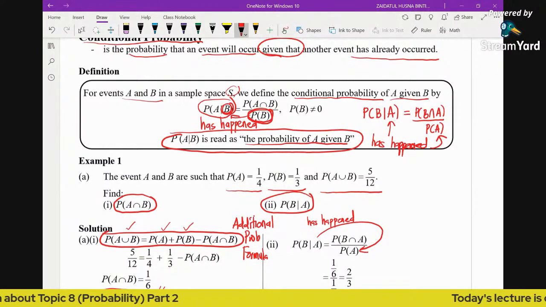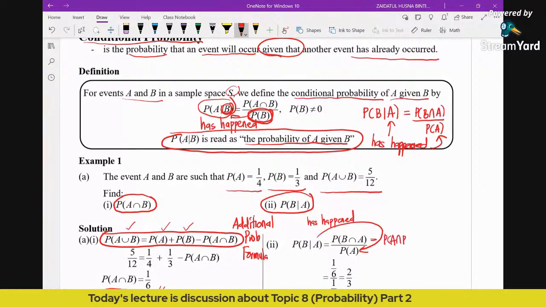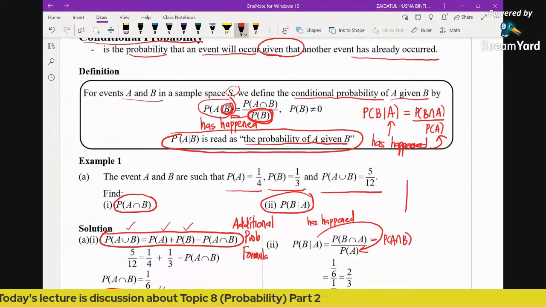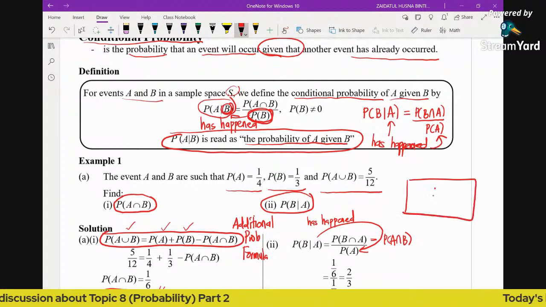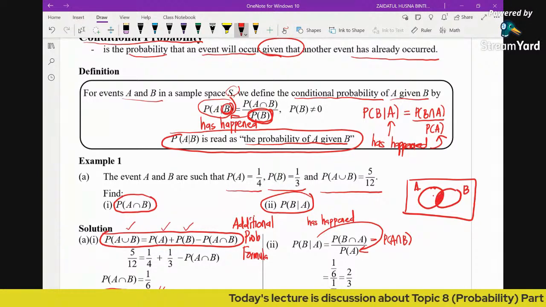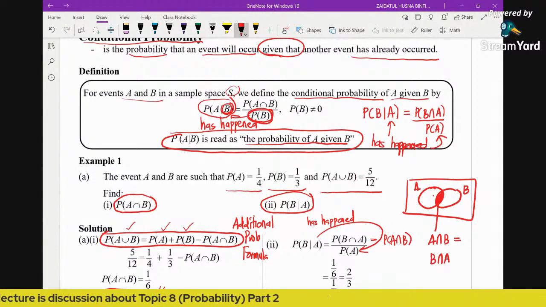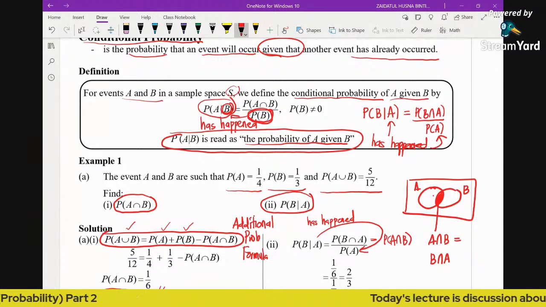Now we just need to find the probability of B happening. For your information, the probability of B intersect A is simply equal to the probability of A intersect B, because in the Venn diagram we are talking about exactly the same region, A and B. This region is the region of A intersect B or B intersect A, so you don't really have to worry.